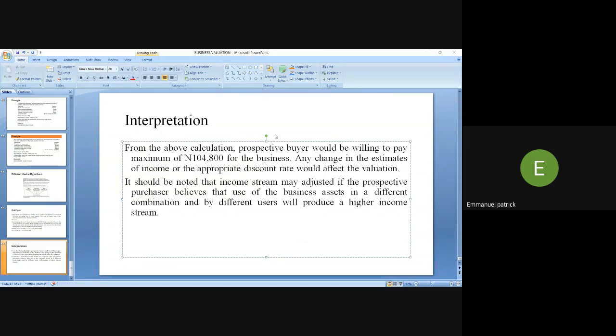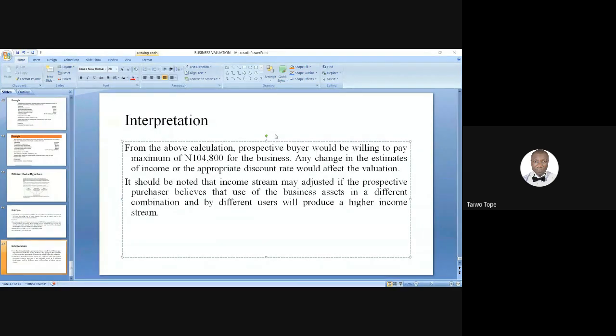When you use discount factor, there's tendency that this 104 may be higher or lesser than this 104, probably when the return is not constant. So how are we going to advise them? Because at the end of the day, there's tendency that we are not going to get this 104. It's going to be higher or lesser than this. So how are we going to get the exact price?